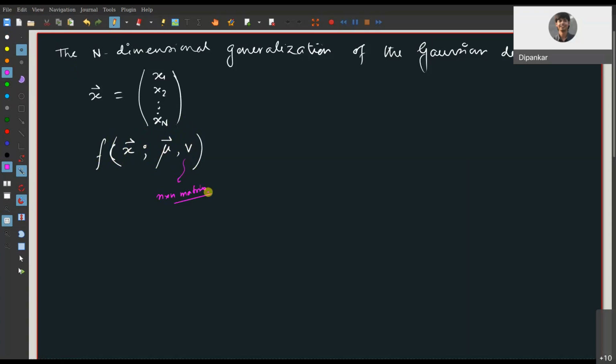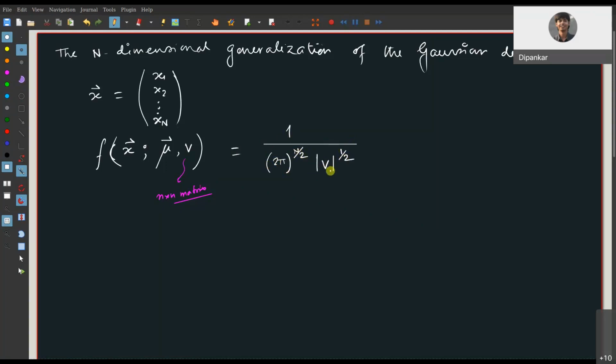And so this would be given by 1 over (2 pi) to the power n over 2, mod V to the power half.